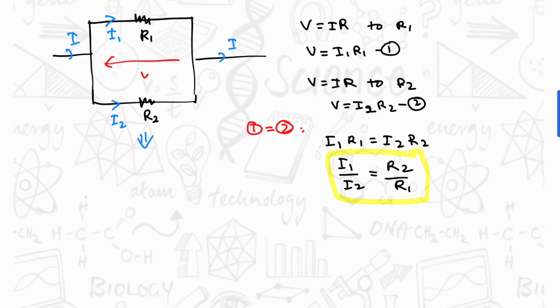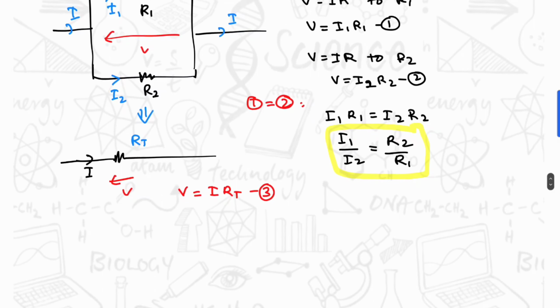And also, if we have the current I flowing, and the voltage drop is V, and the total equivalent resistance is RT, then we have the equation V equals I RT. That will be the third equation.